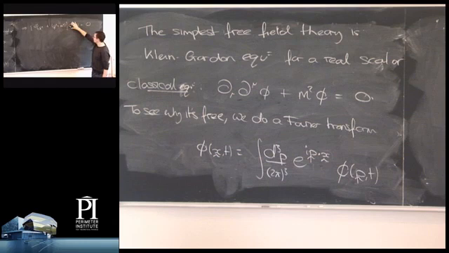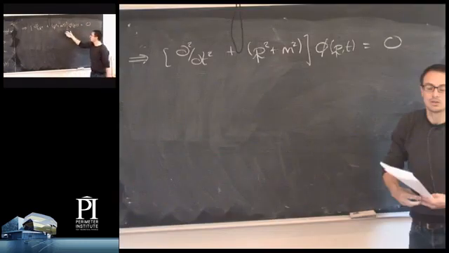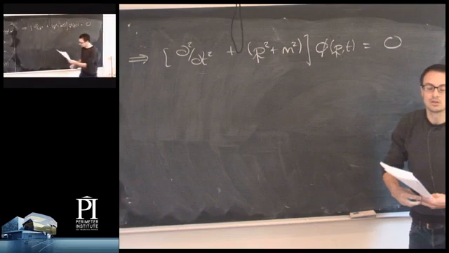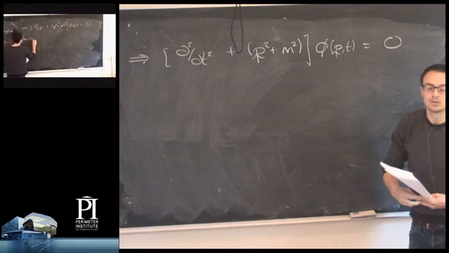So each of these phi of p's evolves completely independently and has to obey this equation. But this equation is just the equation for a harmonic oscillator. The frequency of the harmonic oscillator is this guy here.